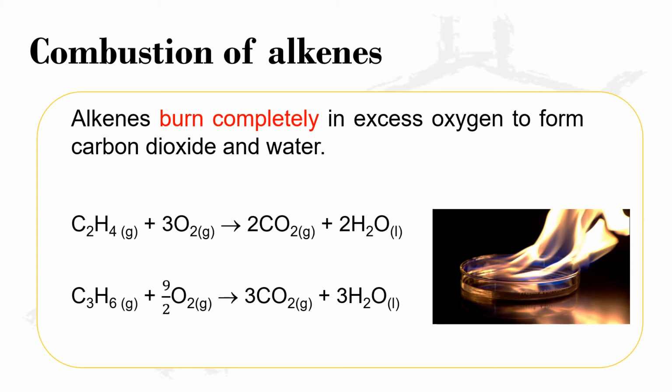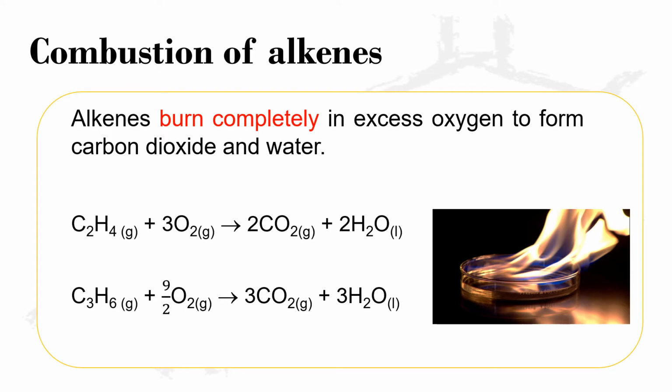The limiting reagent in this chemical equation is ethene. So we'll balance the number of carbon atoms first. On the left hand side, we have two carbon atoms. So for CO2 on the right hand side, you need to get two carbon, so you multiply the CO2 by 2.